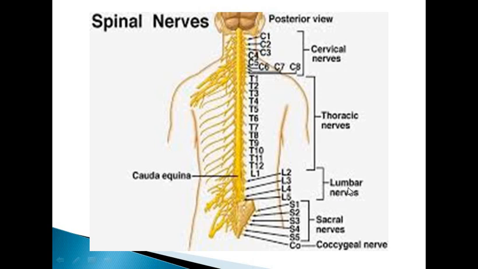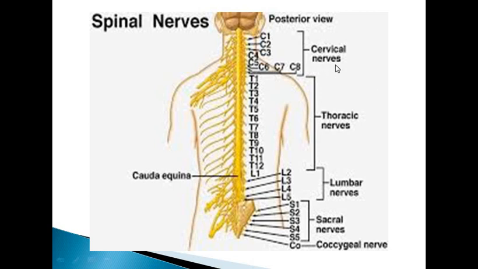Also 5 pairs connected to the sacral region, or the sacral vertebrae in the pelvis, and they are called sacral nerves. And 1 coccygeal nerve, which is present at the lower part of the vertebral column.